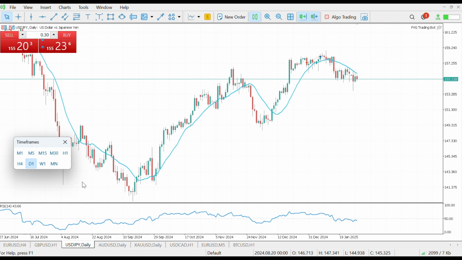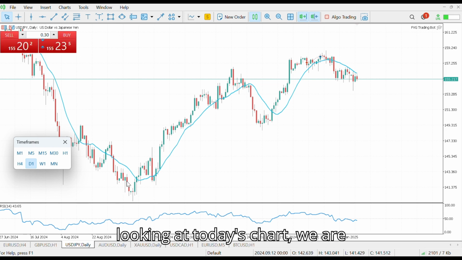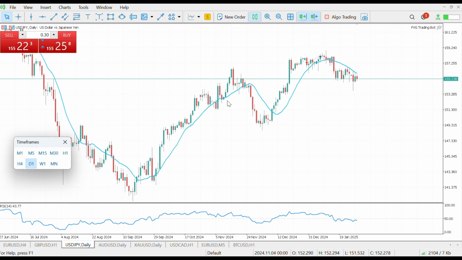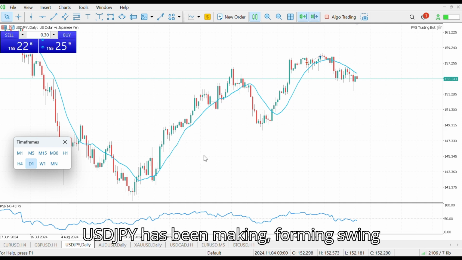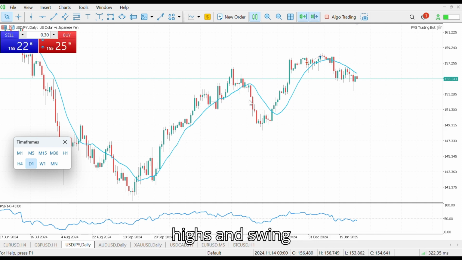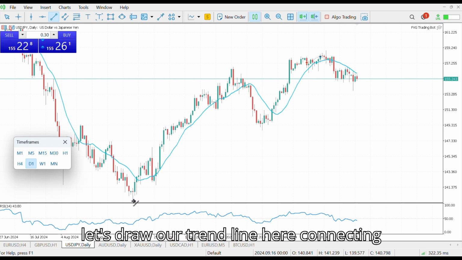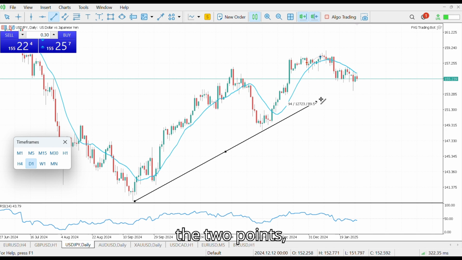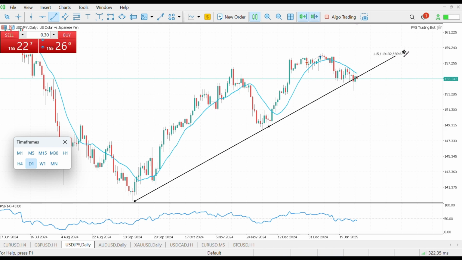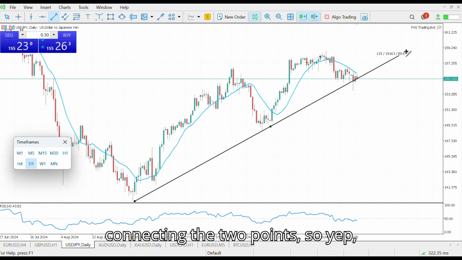Looking at today's chart, we're seeing that USD/JPY has been forming swing highs and swing lows in a particular circular pattern. Let's draw our trend line here, connecting the two points.